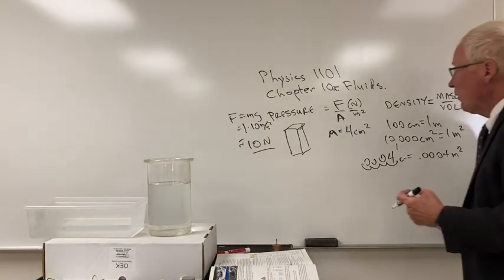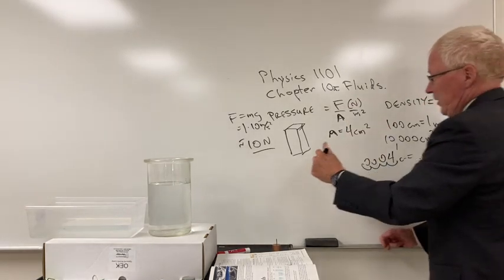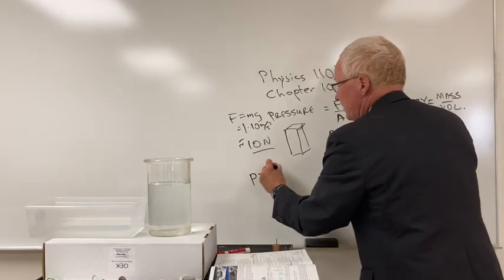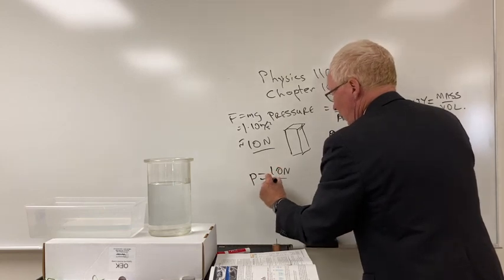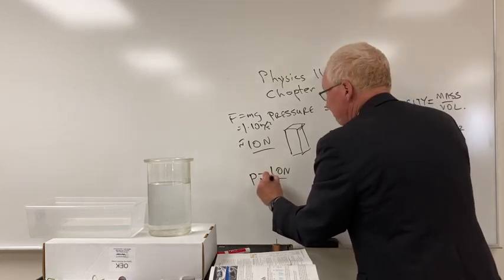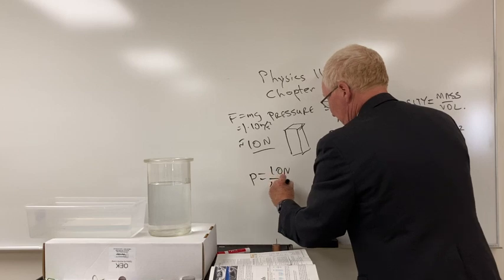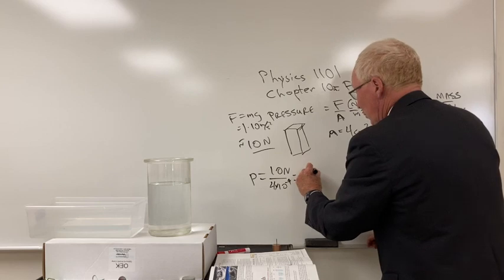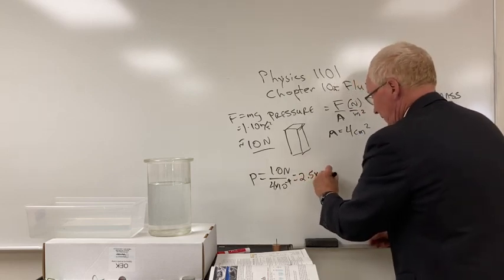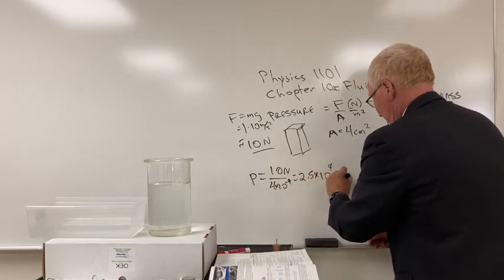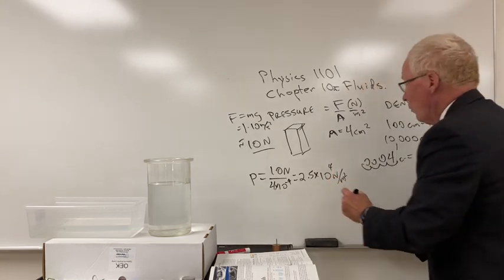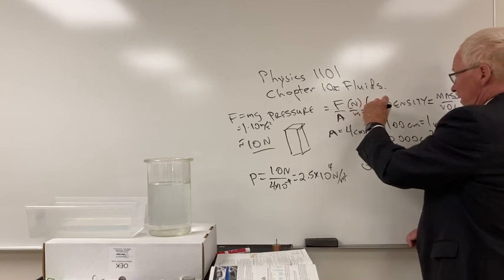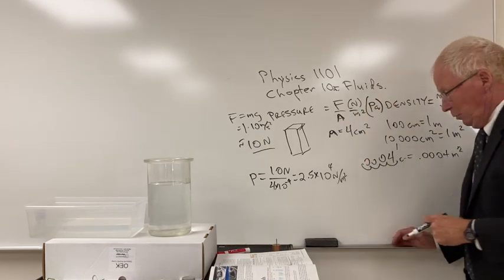So then the pressure of this thing, which is force over area, will be given as 10 newtons over 4 times 10 to the minus fourth, which is roughly 2.5 times 10 to the fourth newtons per meter squared, or this unit of newton per meter squared is also known as the Pascal, Pa for short.